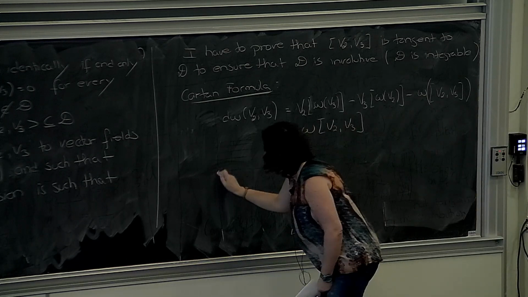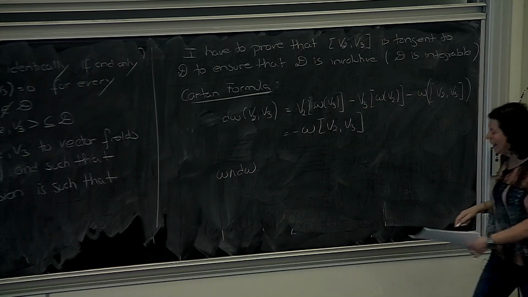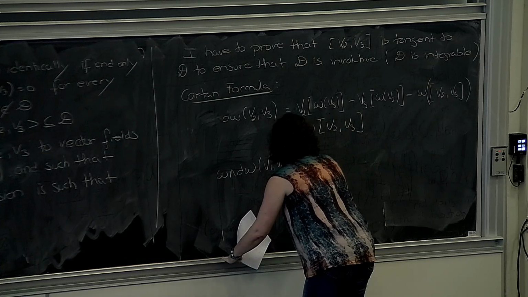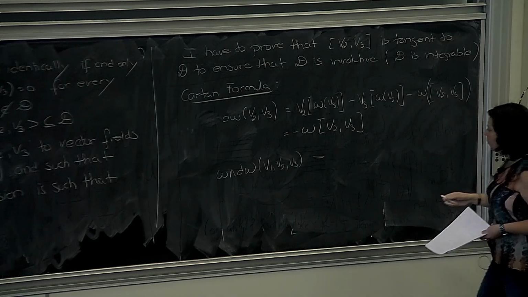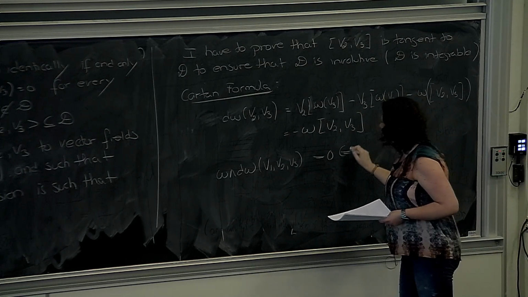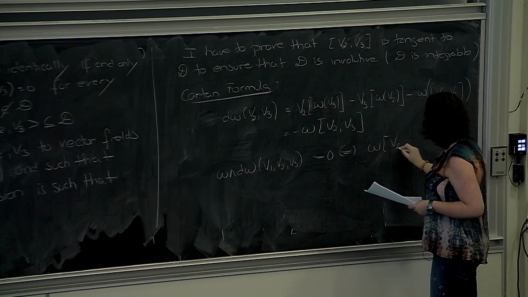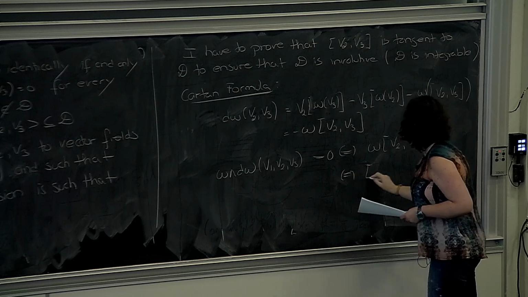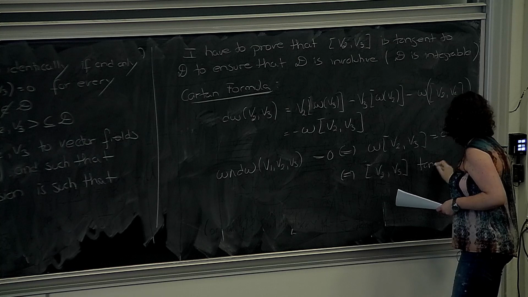Okay, and now WdW on V1, V2, V3 equal to 0. This is equivalent to have W on the bracket V2, V3 equal to 0, which means that the bracket V2, V3 must be tangent to D.